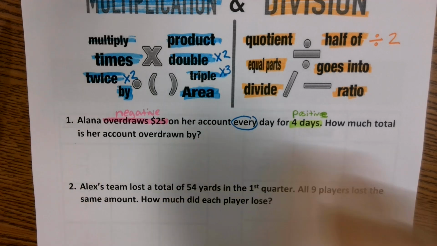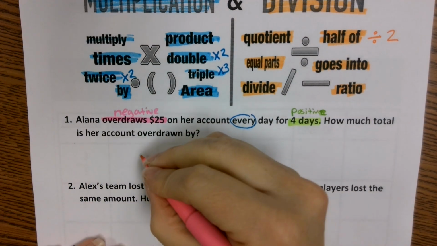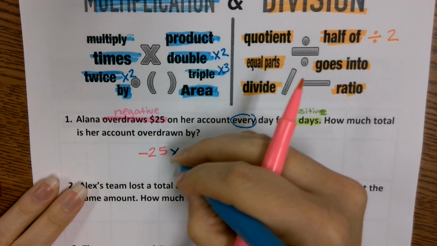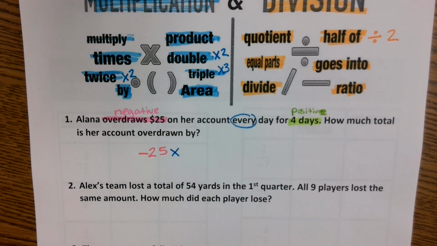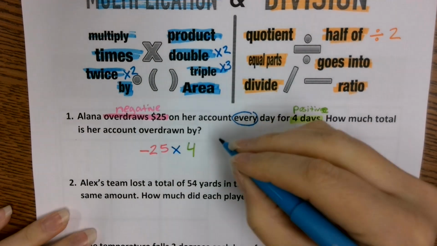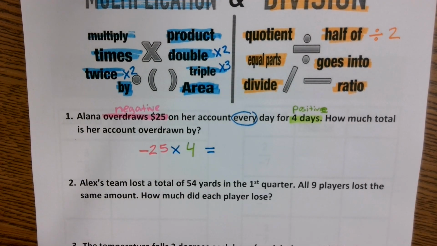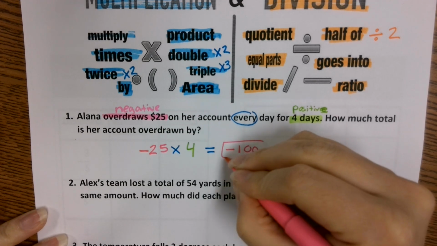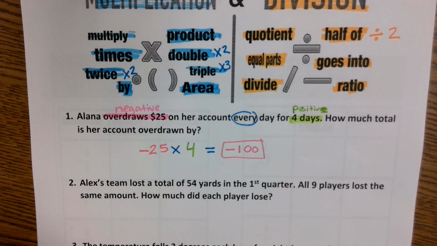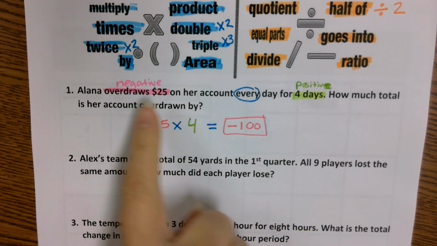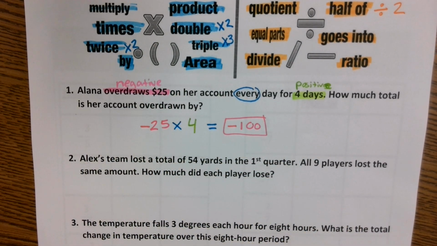So we're multiplying here. We're going to take -25 and we're going to multiply by a +4, and that's going to come out to a -100. We identified our integer values, we identify the operation, and then we get to work.